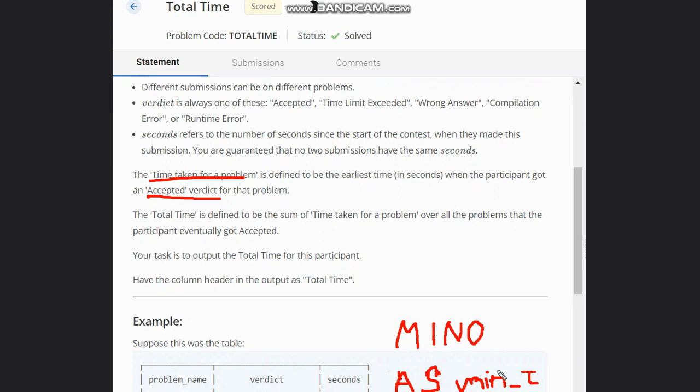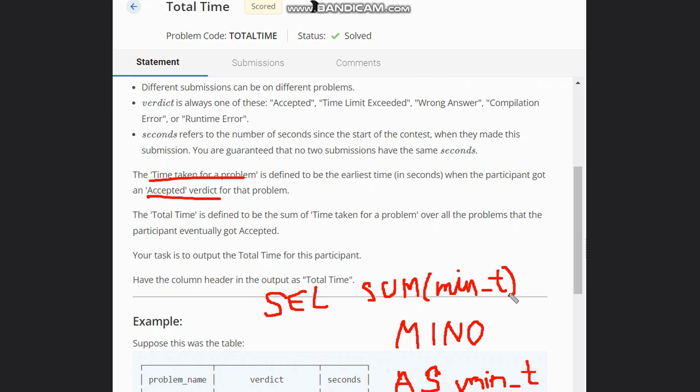Now what we want is to select the sum. So select, I'm not writing the whole select, you can write it, select the sum of what? Minimum time. Now what is the minimum time here? Min of t.